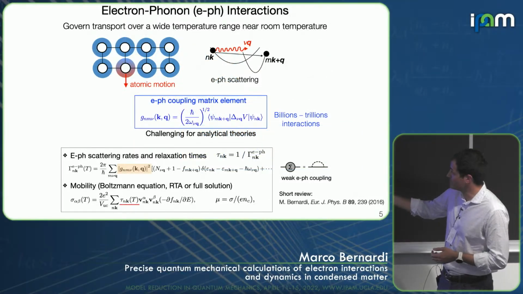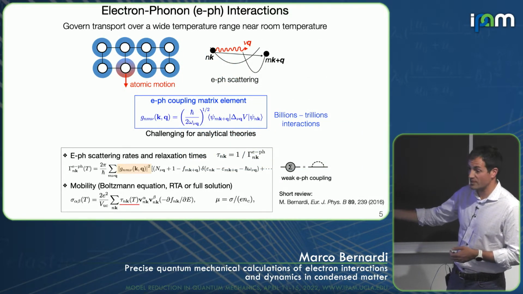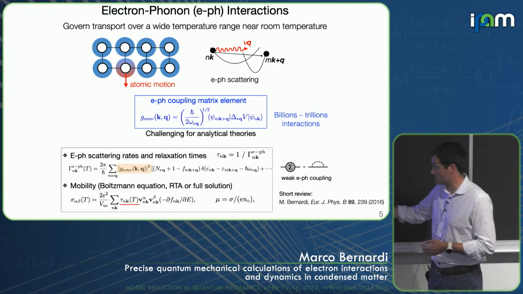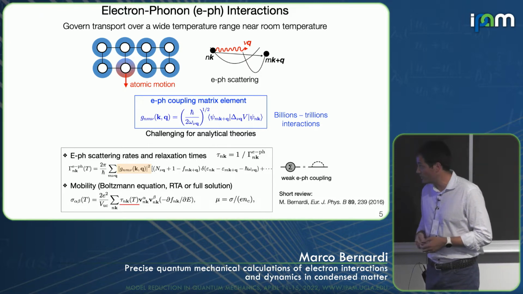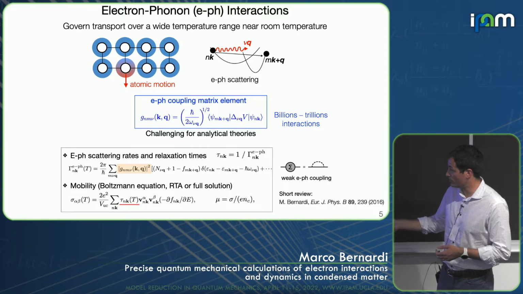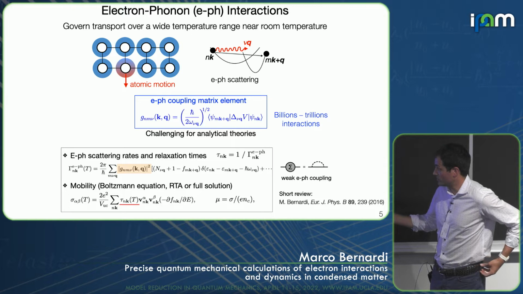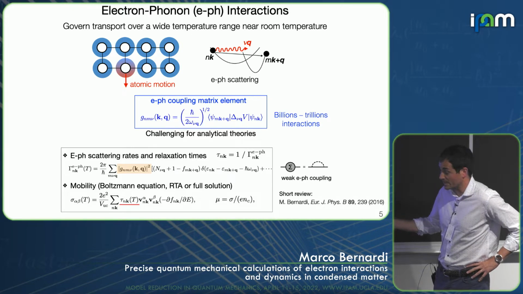So the central quantities in the theory are the probability amplitude for these scattering processes, which are the electron-phonon coupling matrix elements. These quantities are difficult to obtain from models. The reason is that you need accurate wave functions and phonon data.